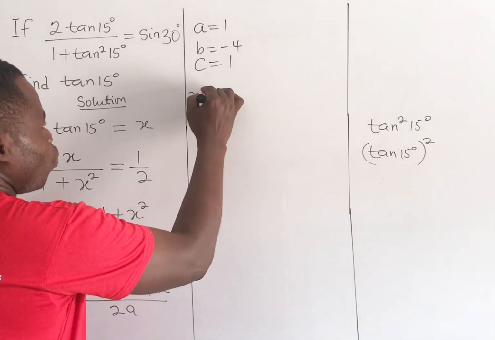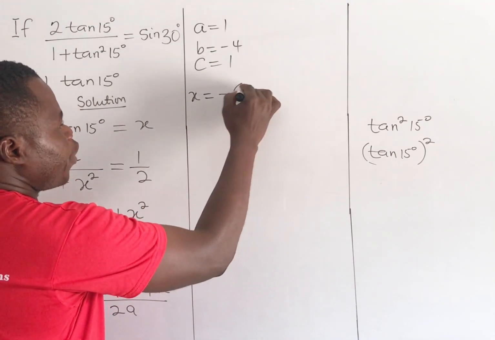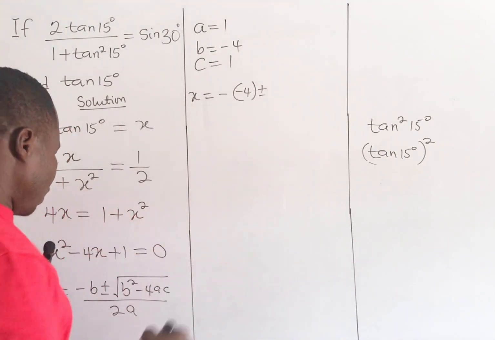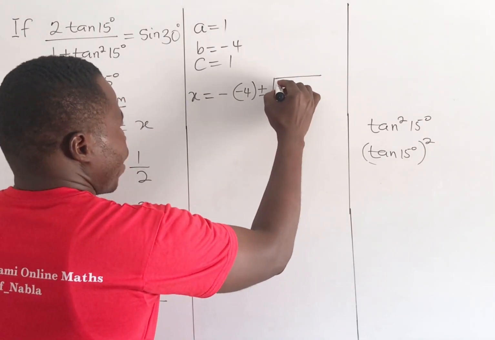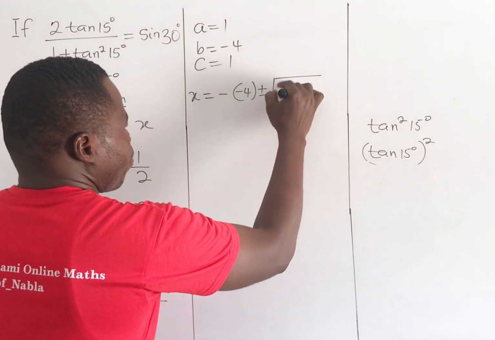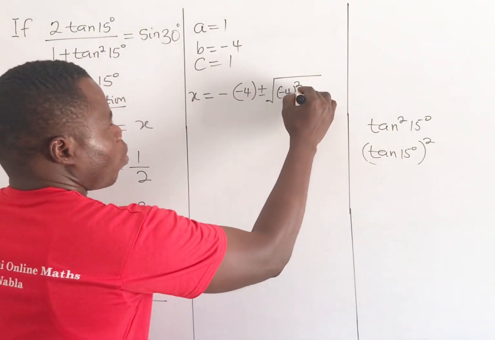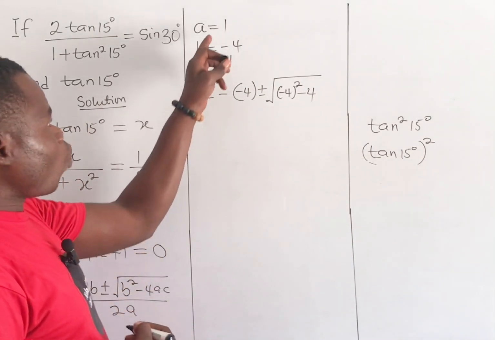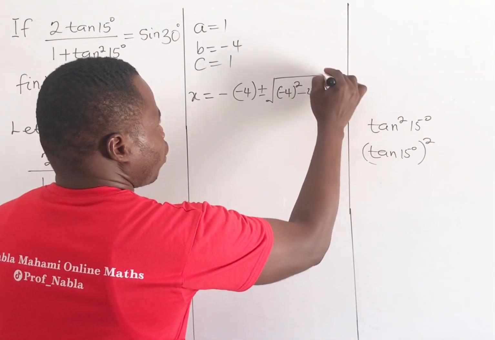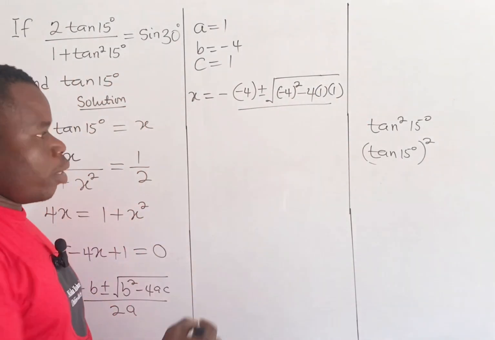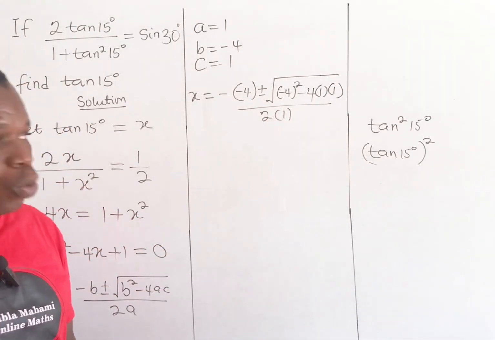It means that x will be equal to minus b, but b is negative 4, plus or minus square root of b squared, that will be minus 4 squared, minus 4 times a, a is 1, times c, c is also 1, so times 1 times another 1, all over 2a, that will be 2 multiplied by 1, because a is 1.